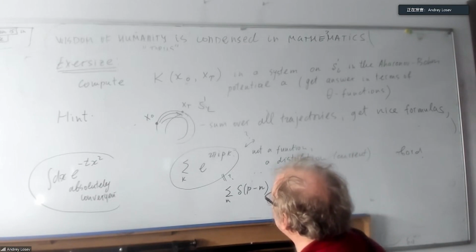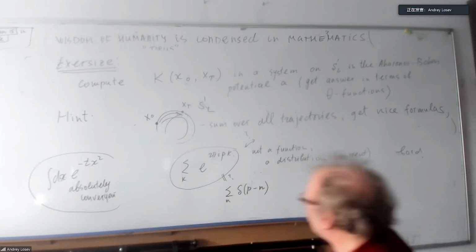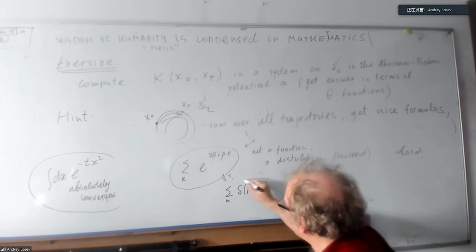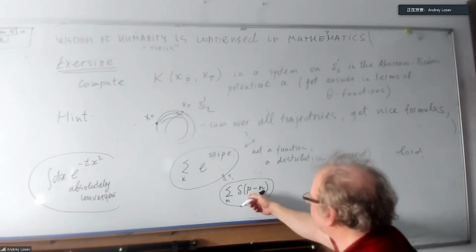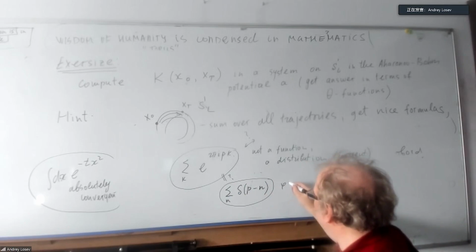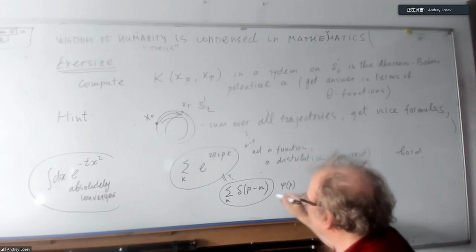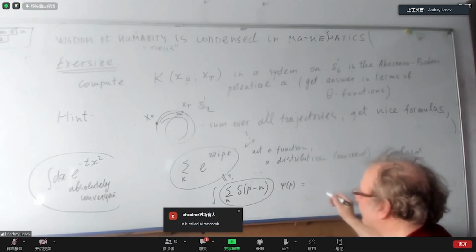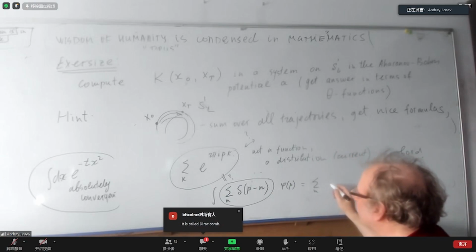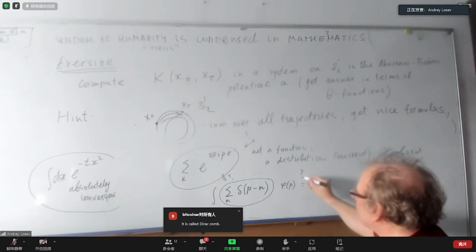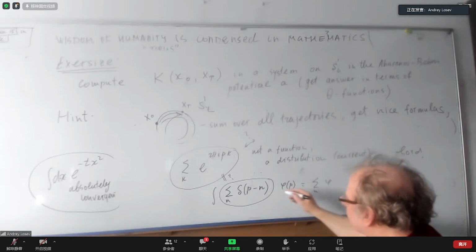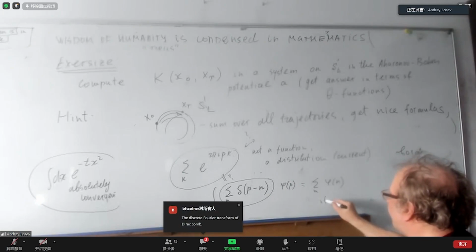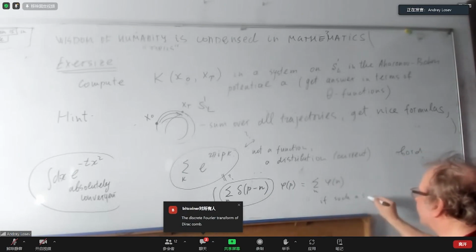To make a mathematical statement out of it, we need to show the following. Since it's a distribution, suppose we have a function phi of p, and here we have an integral, and this should be equal to the sum over n of phi of n, if such a sum exists.